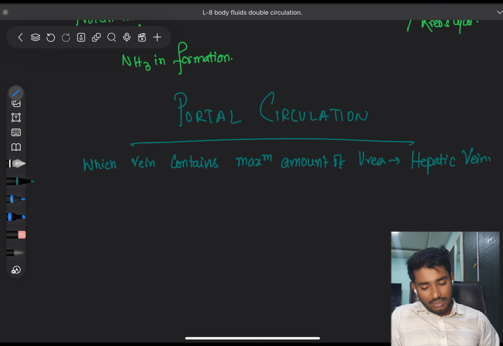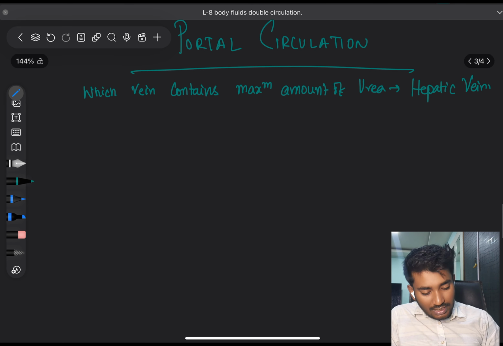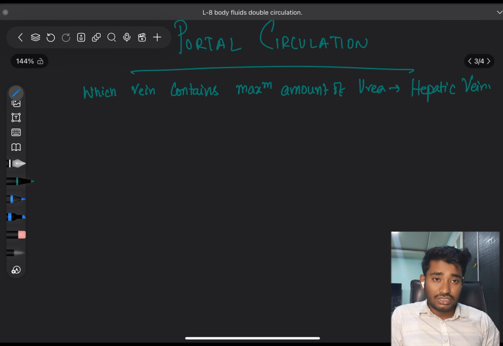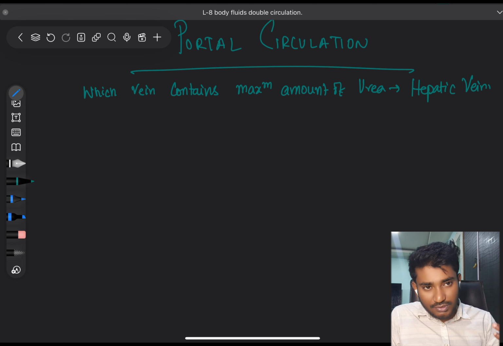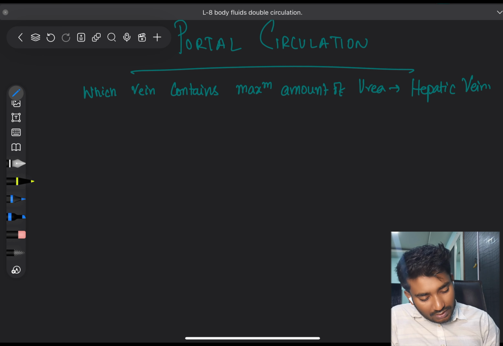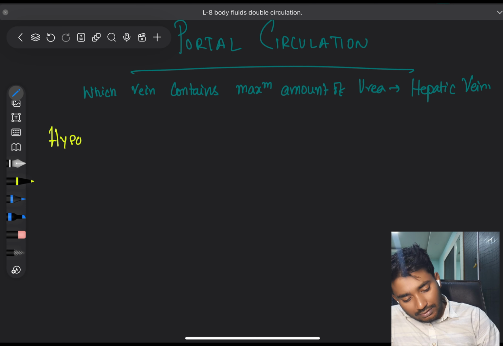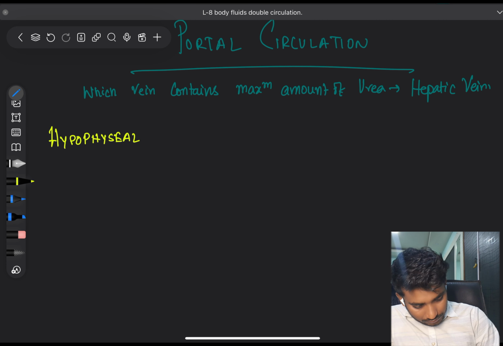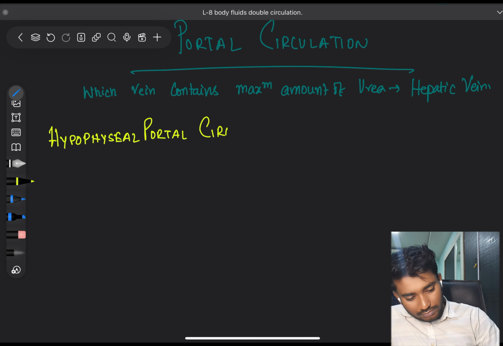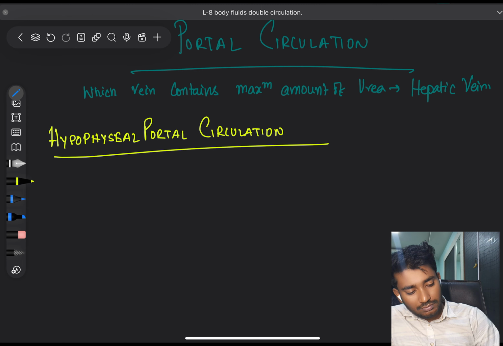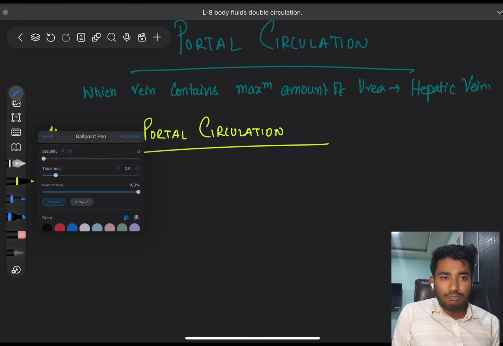Hepatic vein. Now the next topic is hypophyseal portal circulation. Hypophyseal means the pituitary. So give the heading: hypophyseal portal circulation.